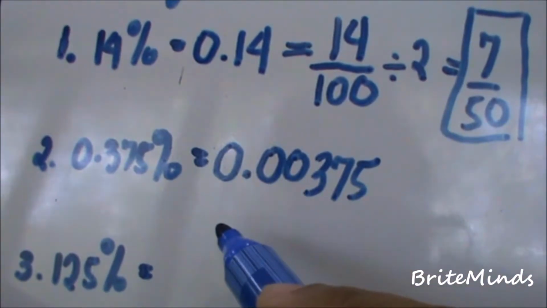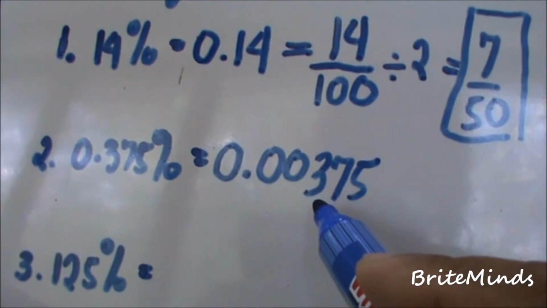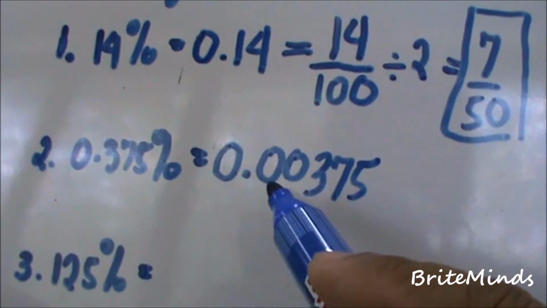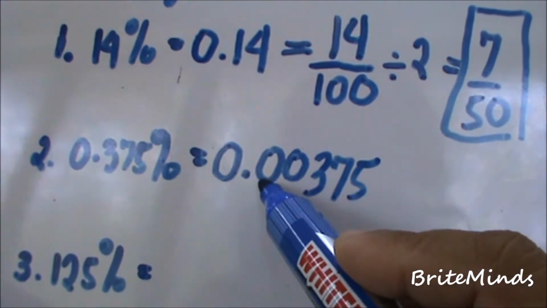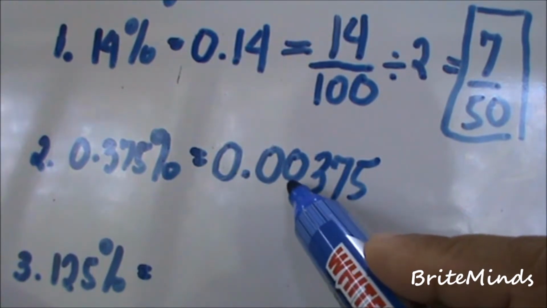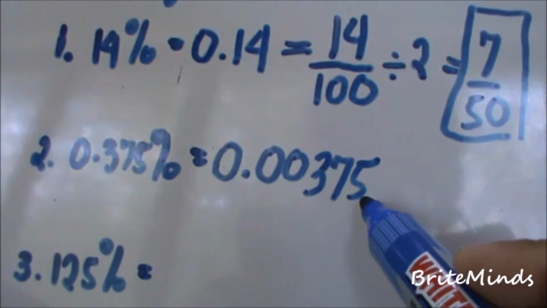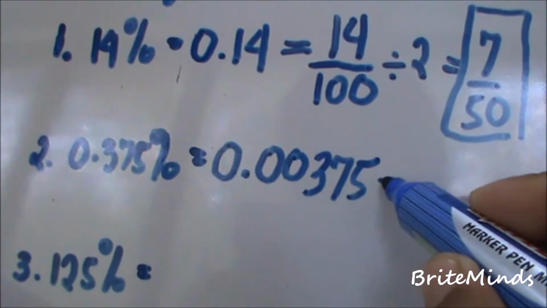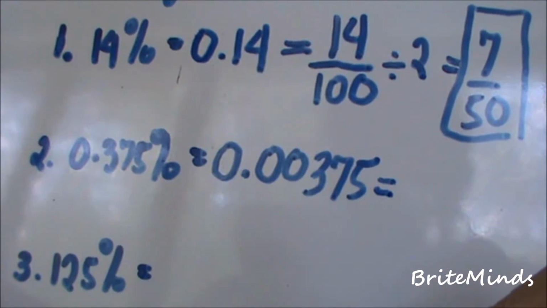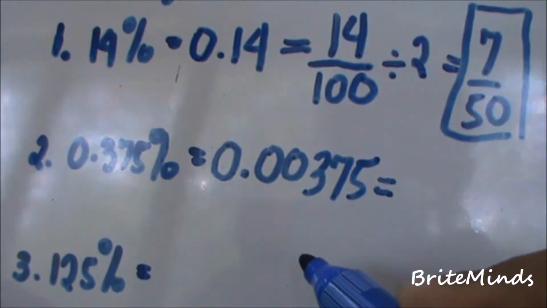If we are going to read it, this will be 375 hundred thousandths, because these are the tenths, hundredths, thousandths, ten thousandths, and hundred thousandths.